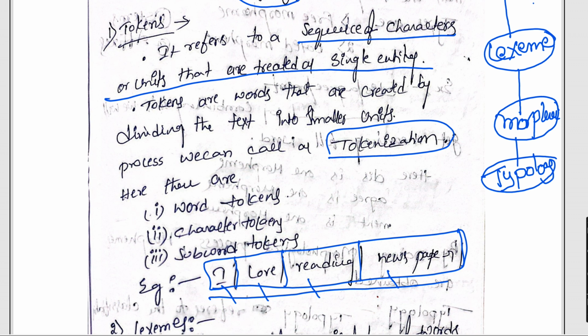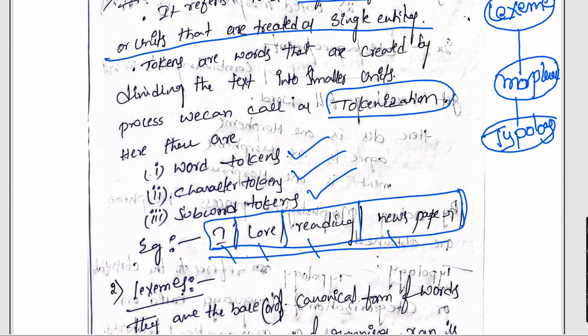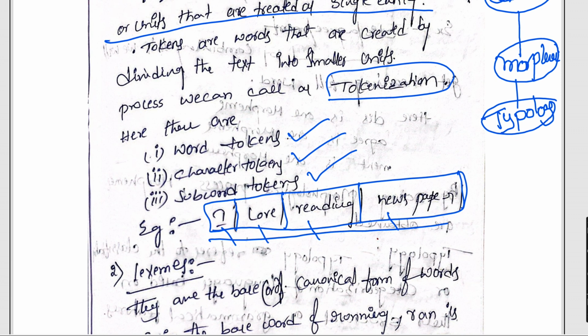Here there are three types of tokens: word tokens, character tokens, and subword tokens. In this example, the word tokens are love and reading, which each have a single word. Character tokens, like I, have a single character.